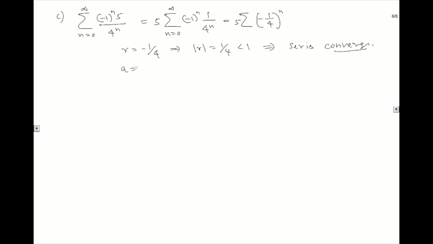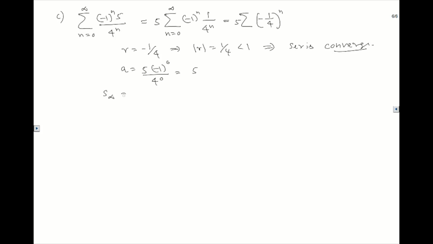How to get the first term? You have to plug in n equals 0. So it's 5 times negative 1 to the 0 over 4 to the 0. Zero power means 1, so you get 5. So a is 5.